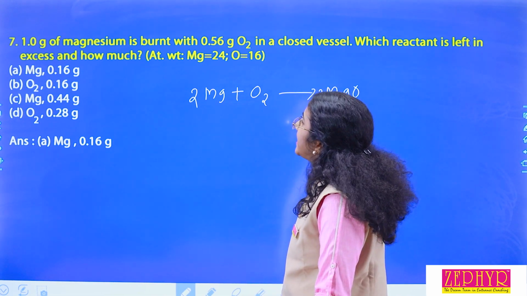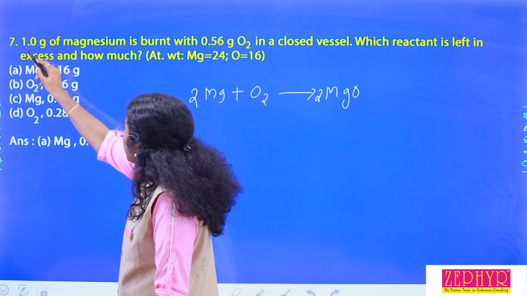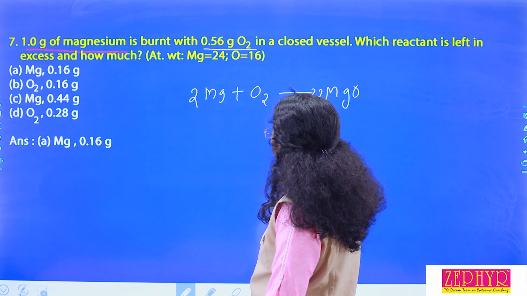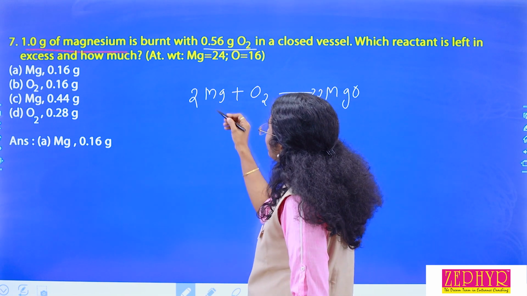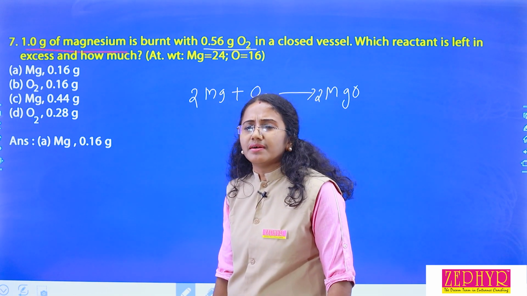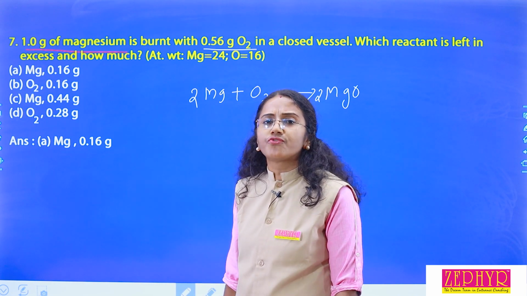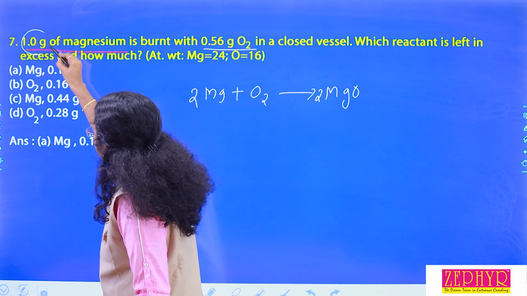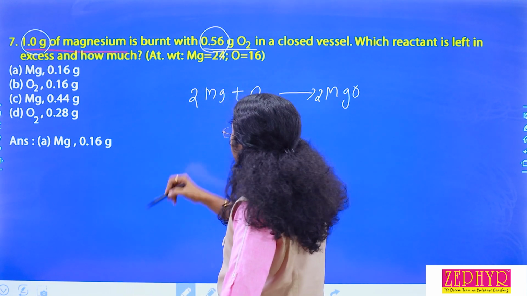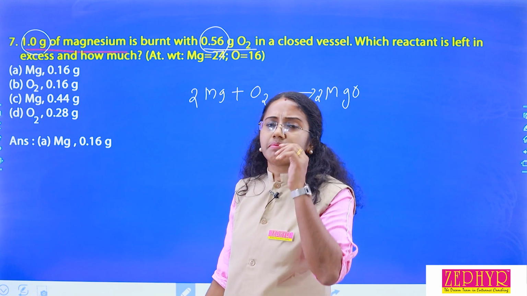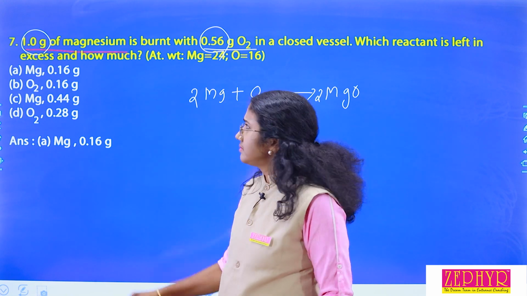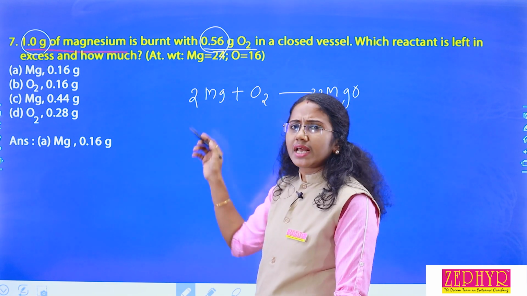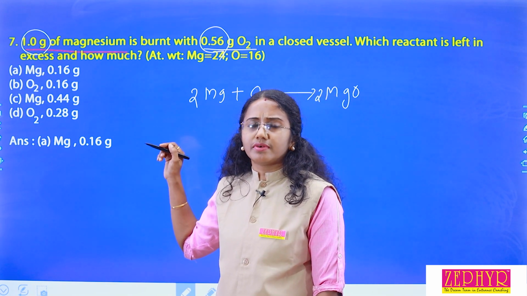Okay. See here, the mass of magnesium is given, and the oxygen mass is also given. First we have to write the molecular mass of each reactant, because masses are given here.